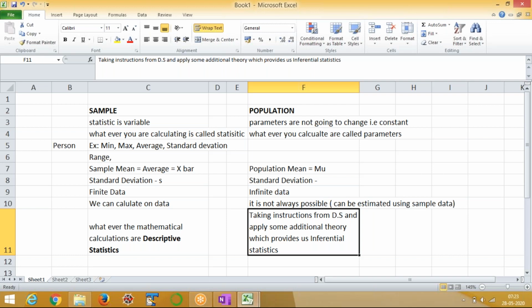These concepts I am going to apply on the sample data. When I have some sample data and apply this additional theory, I get calculations based on that theory. Those values I will call inferential statistics.